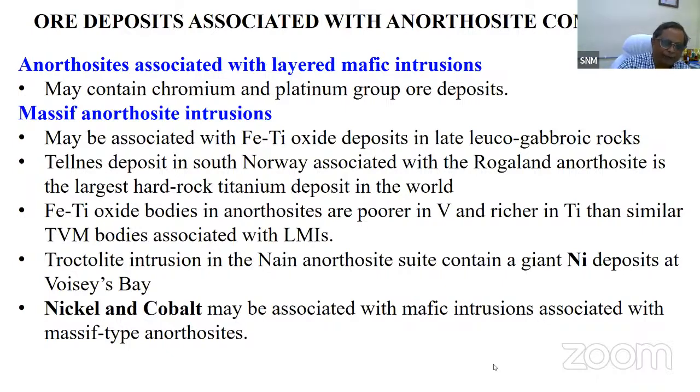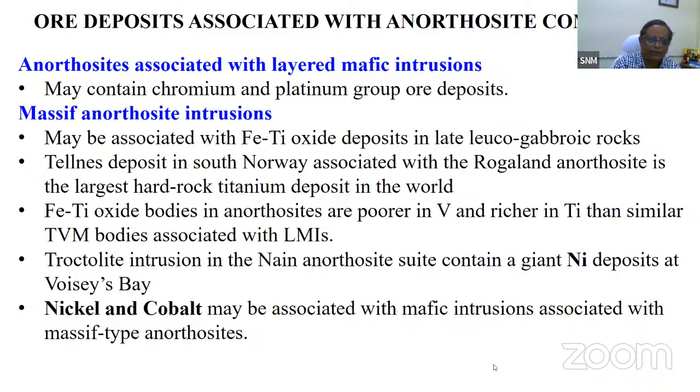In case of massive type anorthosite, in some places the titanium becomes richer and forms the ore deposits, whereas LMIs are rich in vanadium. These massive type anorthosites are poorer in vanadium but rich in titanium.